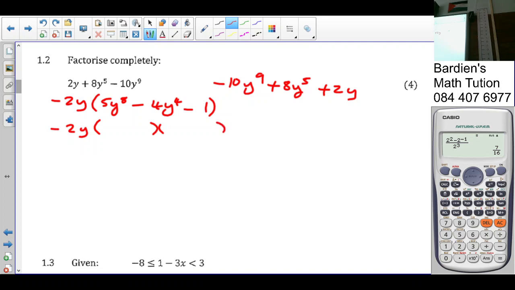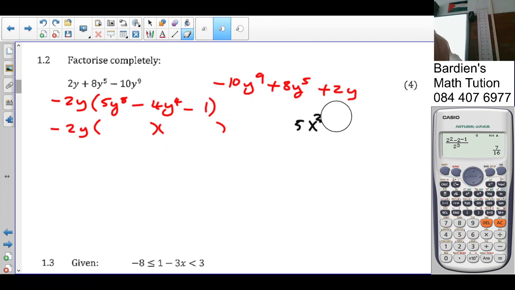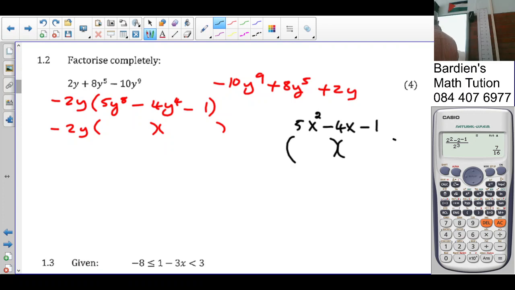So the trinomial here, if this were 5x squared minus 4x minus 1, then I would have taken my factors to be 1 and 5, 1 and 1.